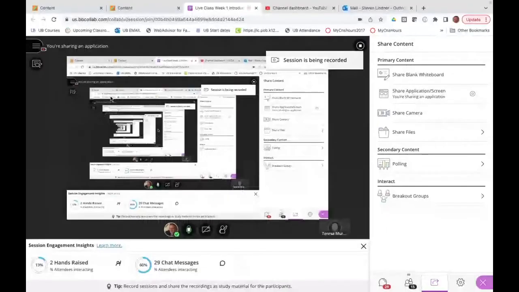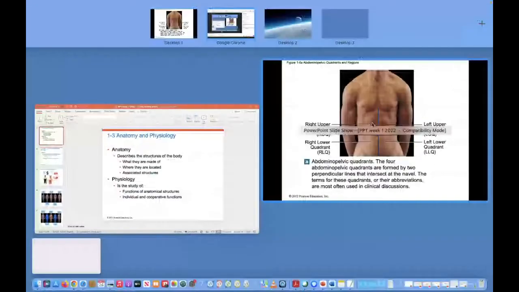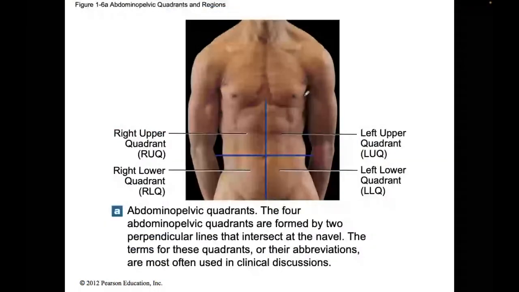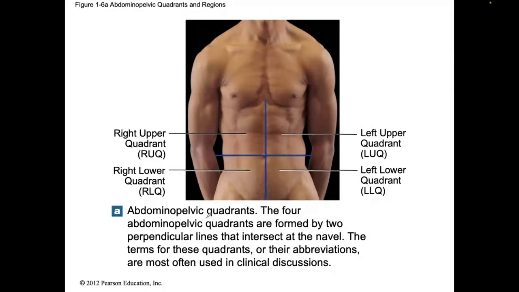Okay, class, welcome back. In this next section, we're going to be talking about quadrants. When we look at the word quadrant, we'll see quad, like quadriceps, four. And what we're doing is we have this sagittal line going right down the center.